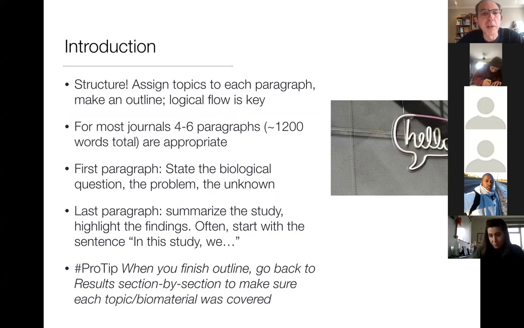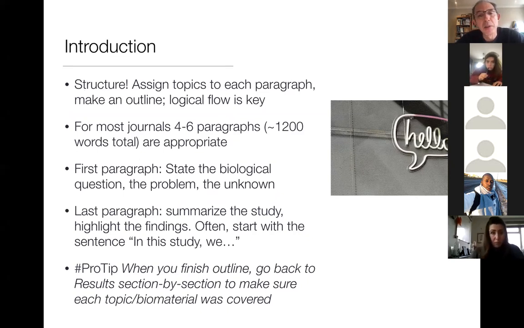Okay, so first of all, structure. In any writing, and this came up earlier in the storyline, in the results, every time you write, you really should first structure and outline what you're planning to write. So what you want to do here is have 4 to 6 paragraphs of 200-300 words each, right?